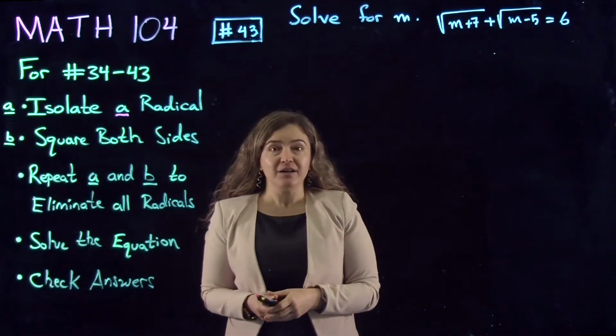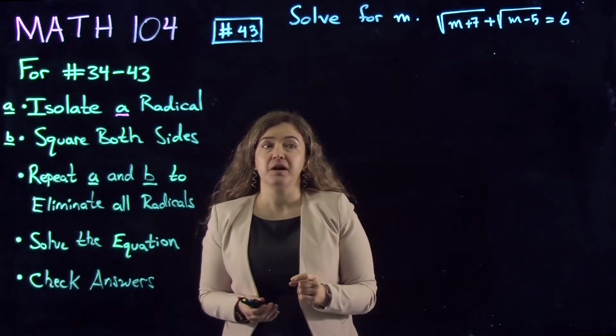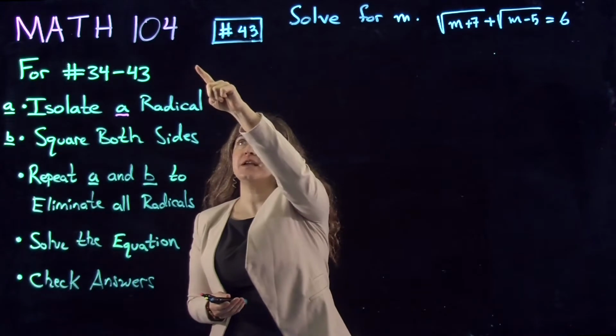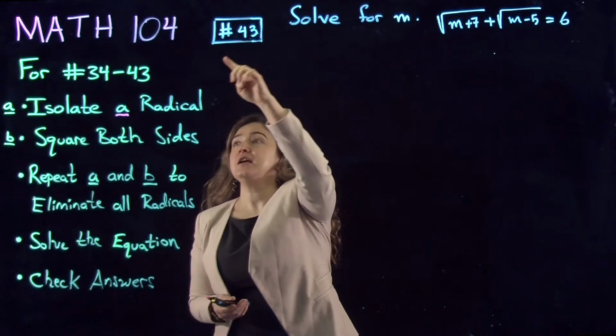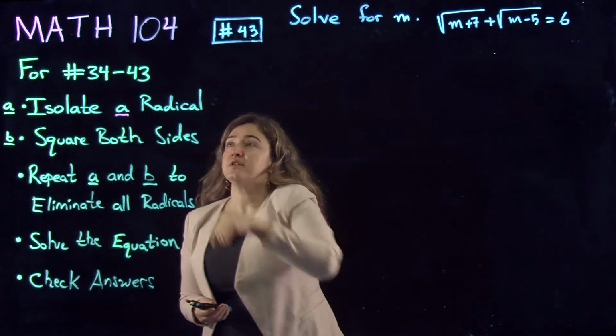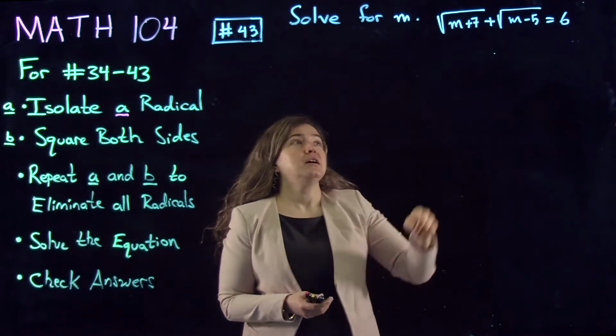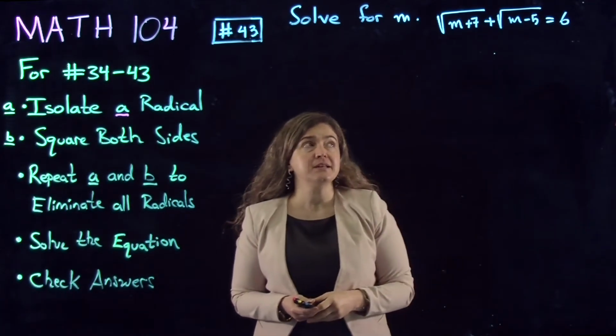We're continuing on solving equations for Math 104 Gateway question number 43 out of the poll 34 to 43, which contains radicals in them.